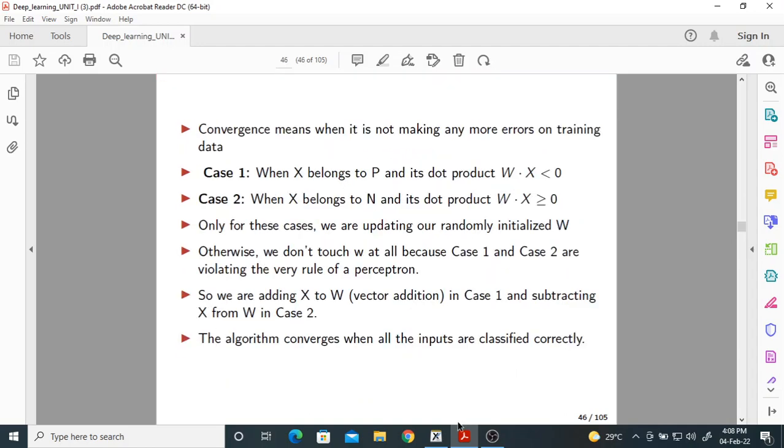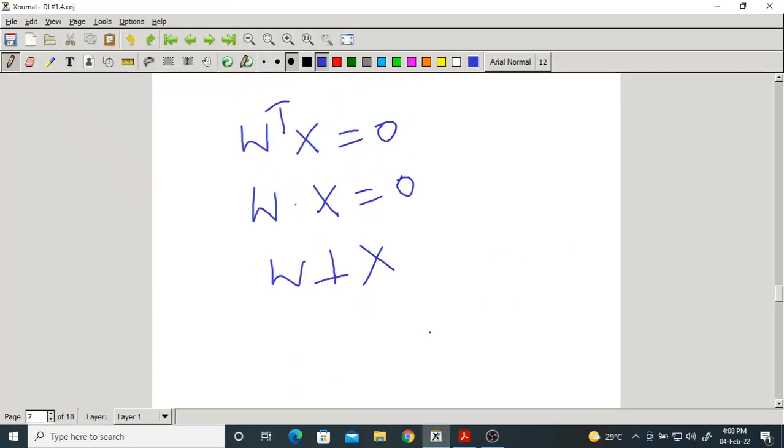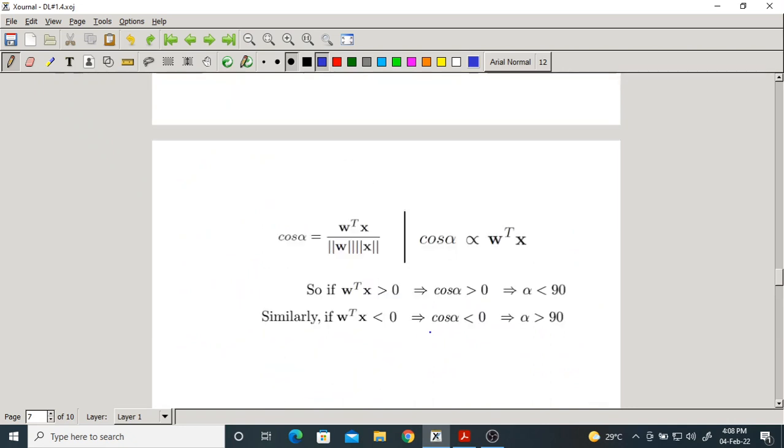Now one more thing. Here this is cos alpha. As I told you already, from this equation cos alpha is proportional to W transpose x, because the denominator is anyway a positive number.